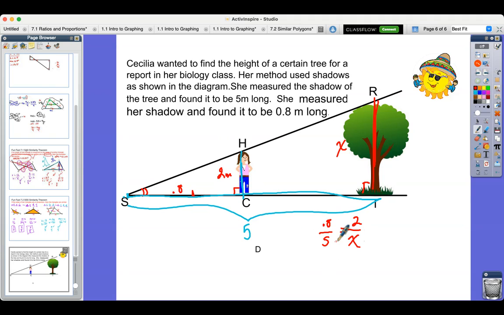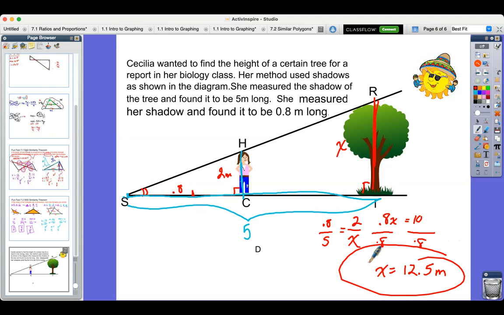So we cross multiply, we get 0.8x equals 10. Then we divide both sides by 0.8. Make sure you do this, and don't forget that point in front of the 8. That gives us 12.5 meters. That's a tall tree. That's how tall the tree is right there.